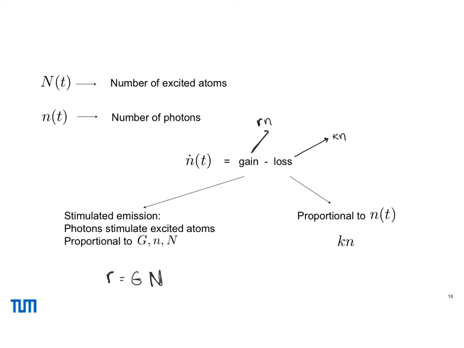We can model this in a very simple way, just saying that you have at the beginning a given number of excited atoms, and then as you create photons, it will decrease in a linear way. This is another constant. So that's the whole model. Simple, but you will see that it is actually able to describe what we are looking for.